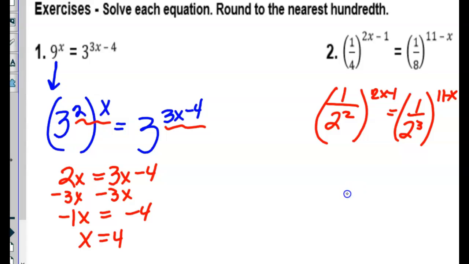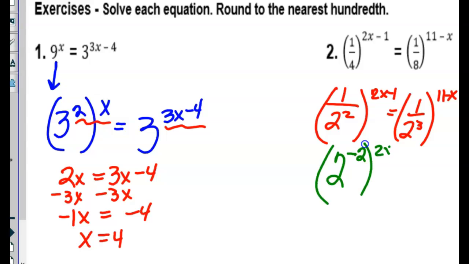But what do we want to do with those? Somehow I need to make it the same. This is 2 to the what? Negative 2? That's what put it on the bottom.